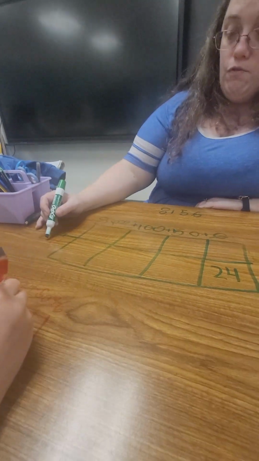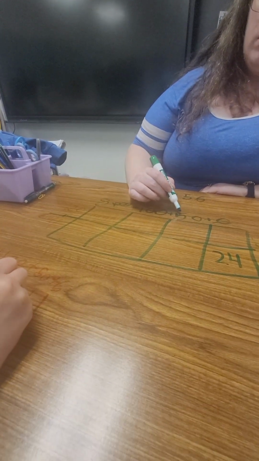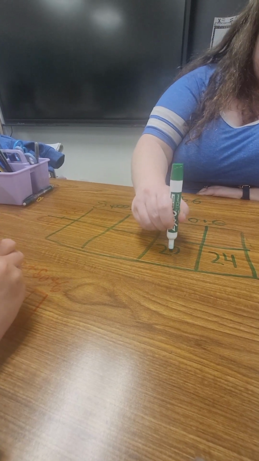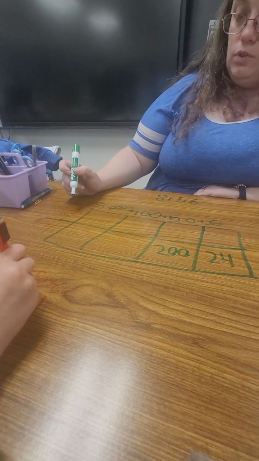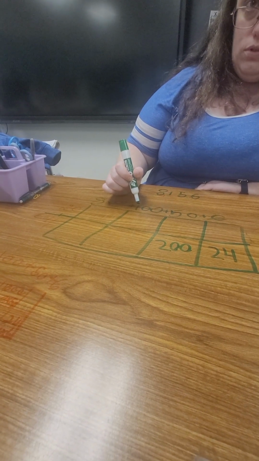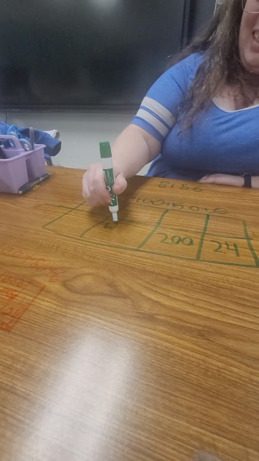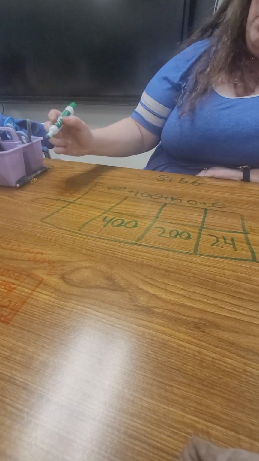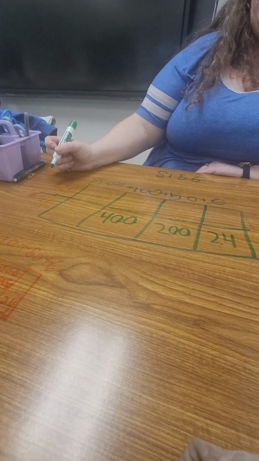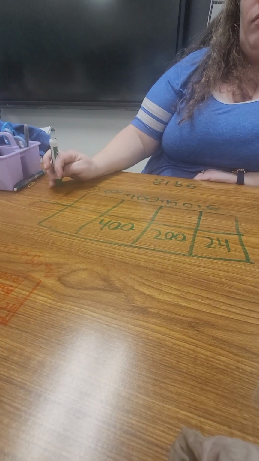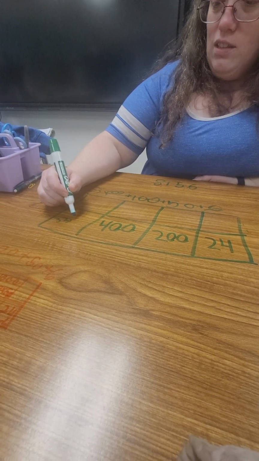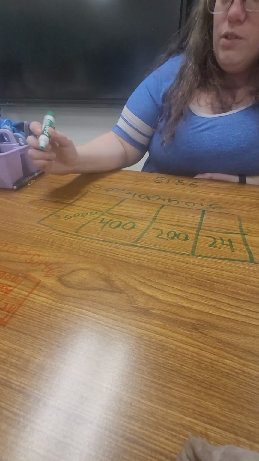Then we have 4 times 5, 20. And we add in our extra 0, so 200. Now 4 times 100, obviously 400. What about 4 times 8? 32. 32,000. Yeah, we gotta add in those zeros.